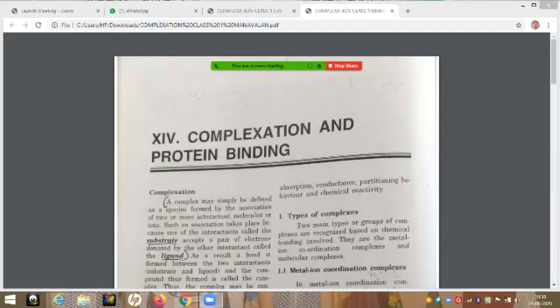Okay. Now, in today's class, we'll start off with a fresh chapter of physical pharmaceutics, that is complexation and protein binding. This is a very interesting chapter where you come across a very new concept in the treatment of the drug.